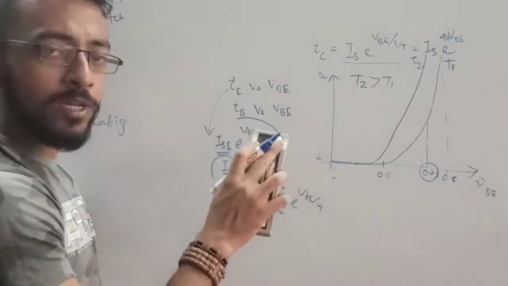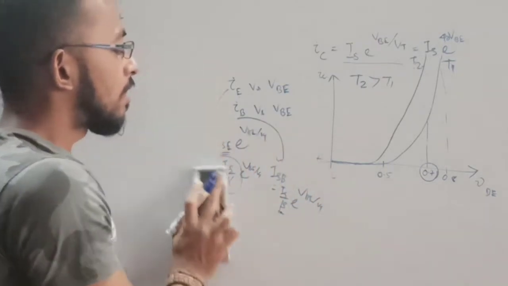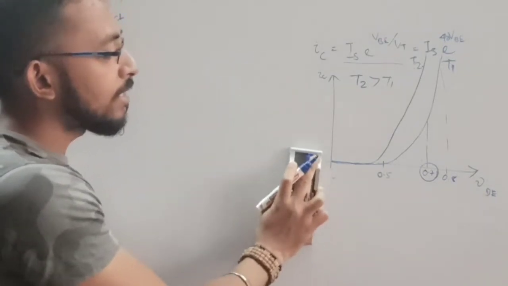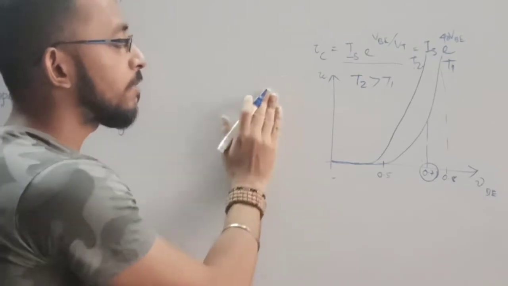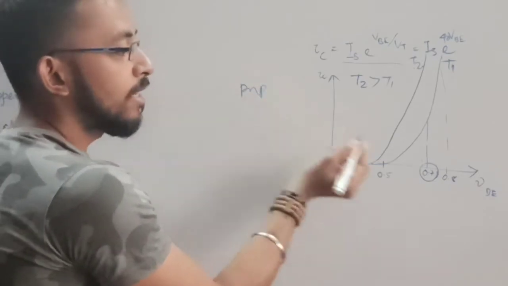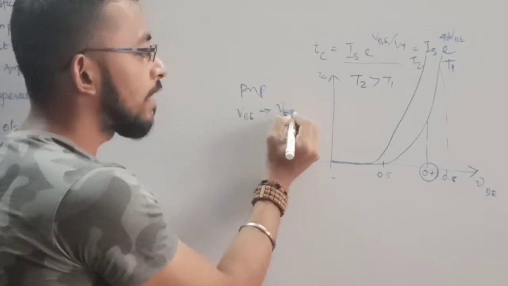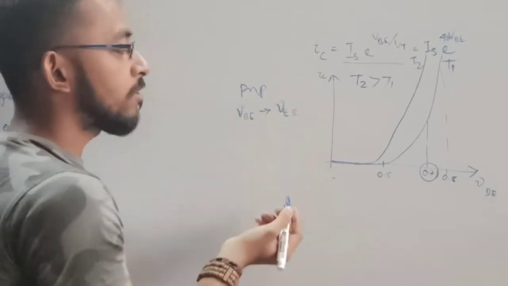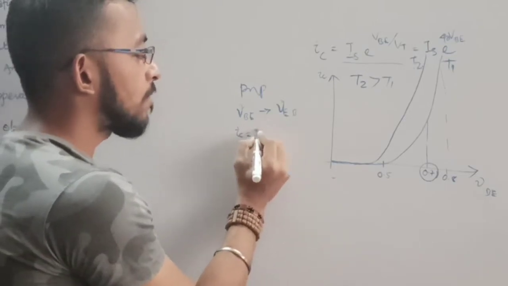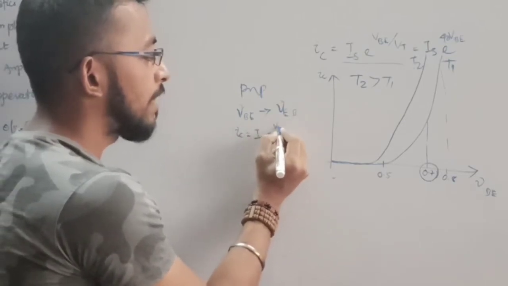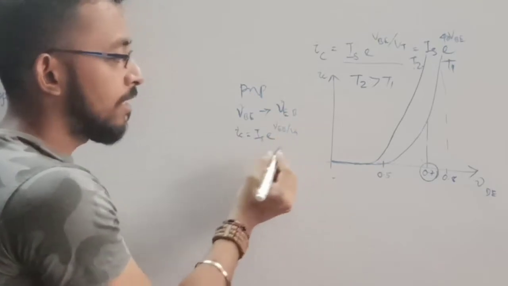Okay, so this is for the NPN case. So what will happen in PNP? As we discussed in the last video, in PNP, our VBE will change to VEB, and everything else is the same. Means IC is nothing but IS e power VEB upon VT.